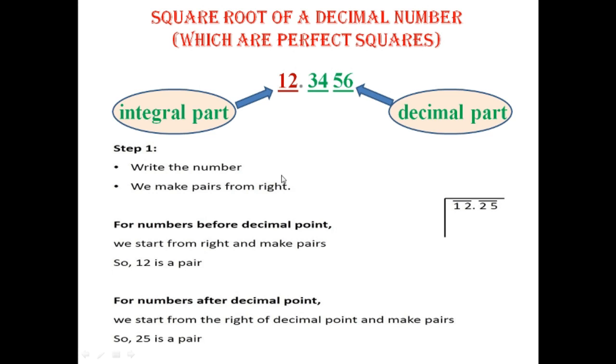First of all, it is very important to know that if any decimal number is given, which one is the integral part and which one is the decimal part. So suppose we have this number 12.3456.